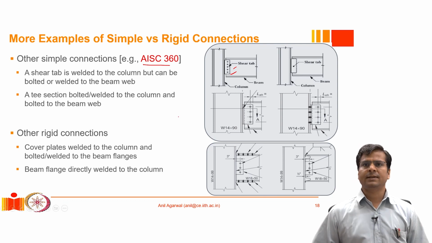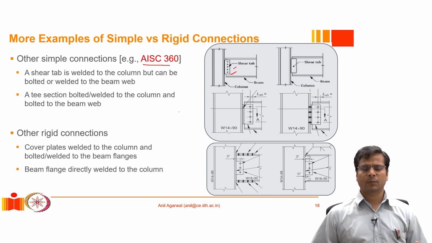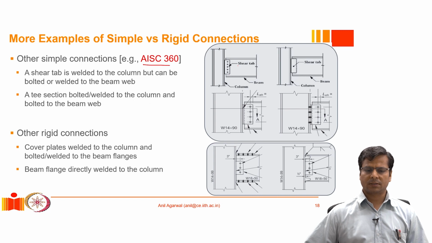Site welding invites too much inspection, and too many checks and balances are required, which can be very time consuming, and still there are chances of a high level of defects. Therefore, we typically prefer to do shop welding and site bolting. So at the site, we prefer to do bolting most of the time. Therefore, you would see this type of connection is more common than this type of connection. Both of them are very similar in behavior, just that the sequence or the way they are constructed are different.